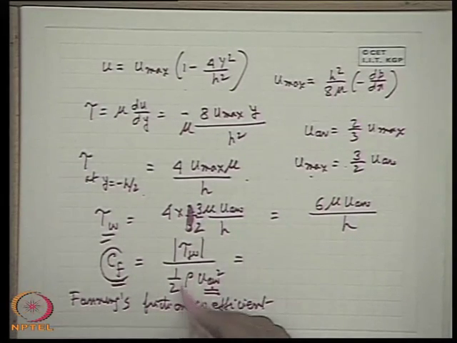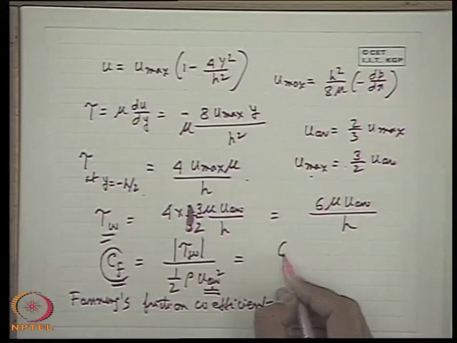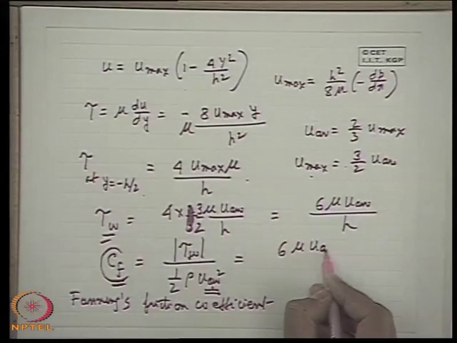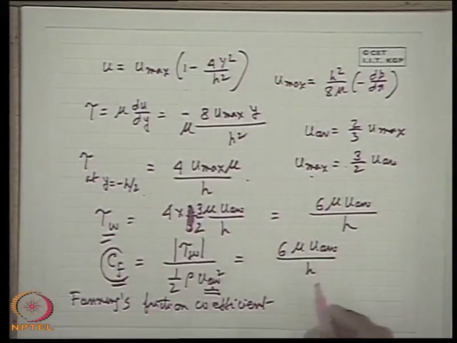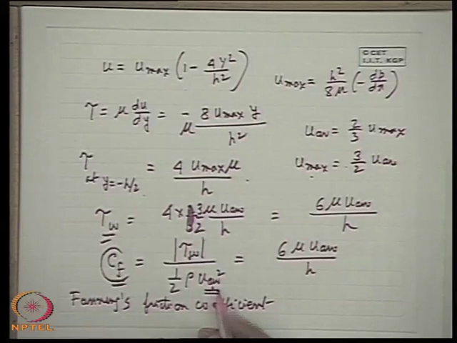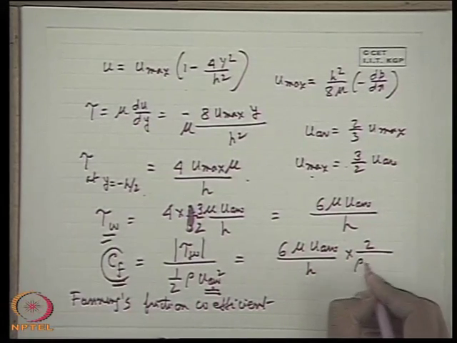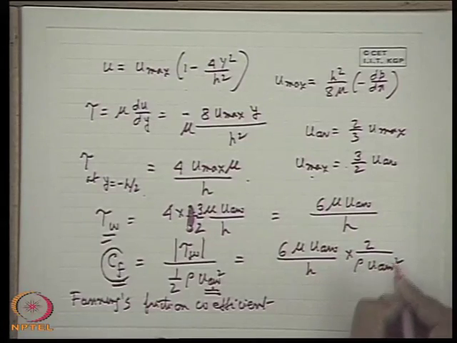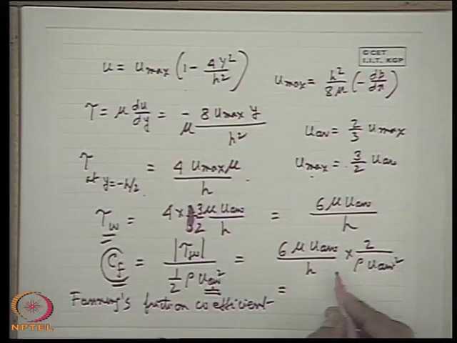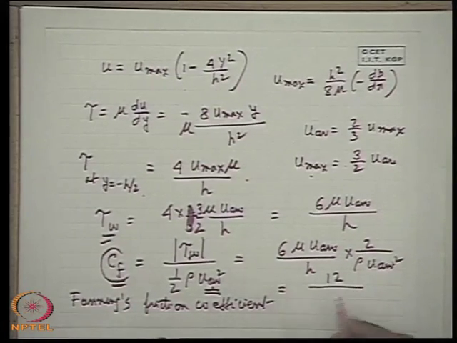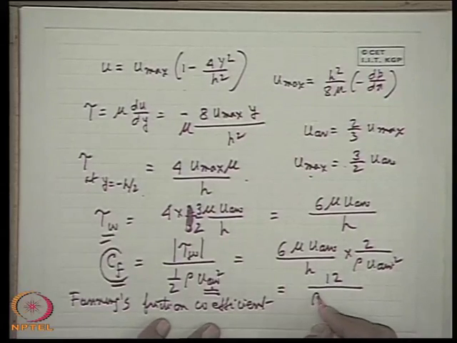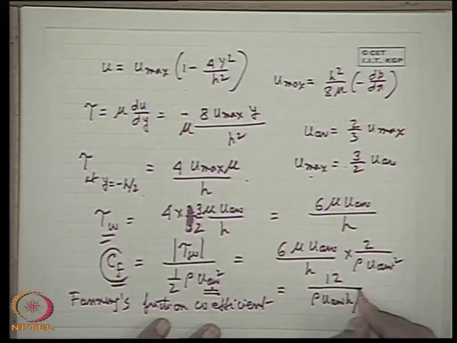So with this definition, if we just now do 6 mu u average by h, and then half rho u average square, that means the 2 will go, and we will come to a value 12 divided by rho u average h by mu.